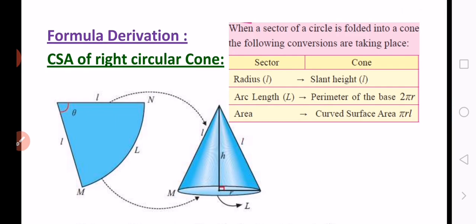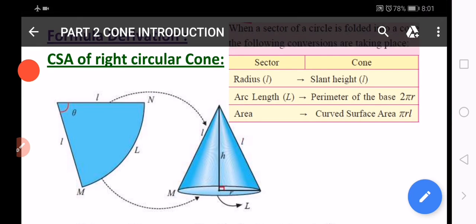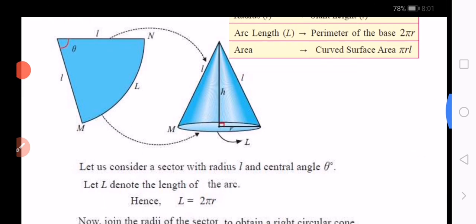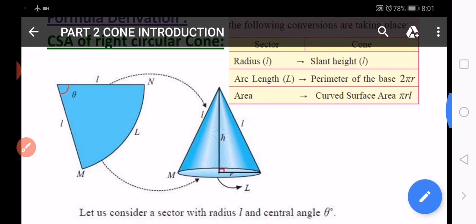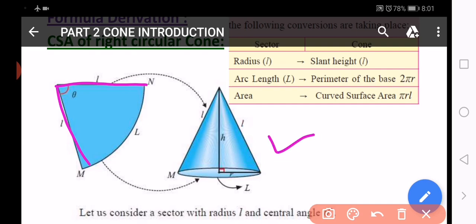So if we take a sector of a circle, if we fold the radius of the sector, then we get a right circular cone.